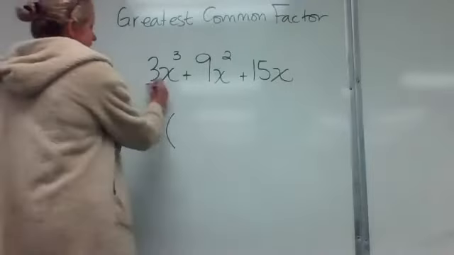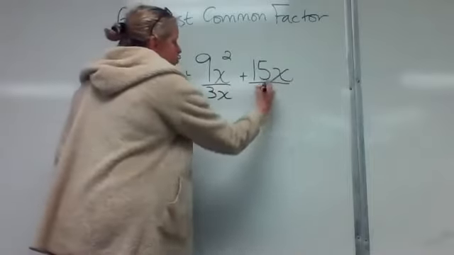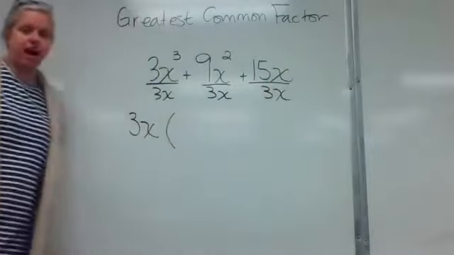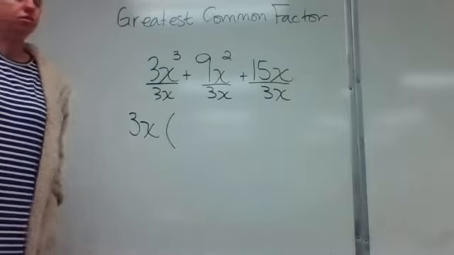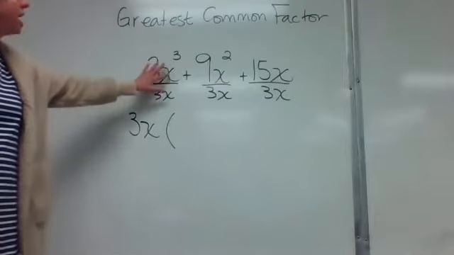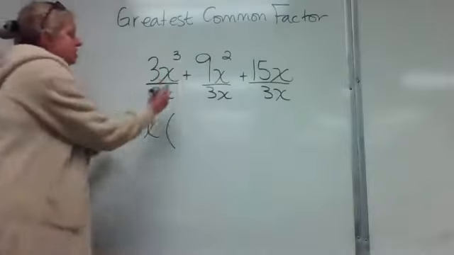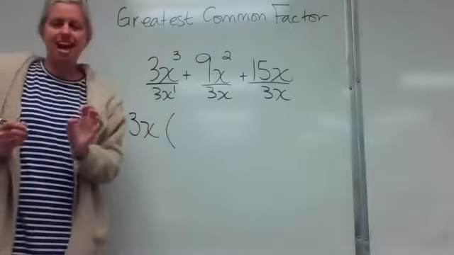Let's see what's left. Again, I like to write it under everybody so I can just visually see what I'm dividing by. I pulled out the 3. I had x to the third, and I pulled out just one of those x's, just an x.